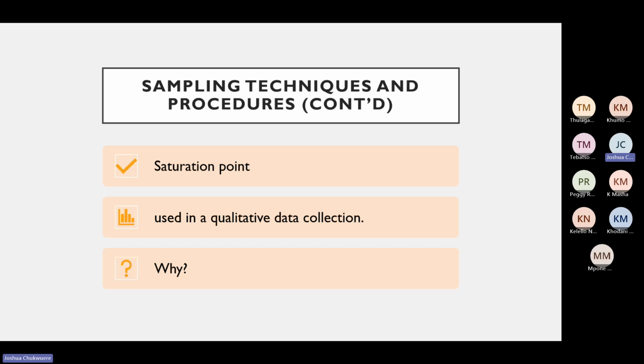So in that case, saturation point comes in, because it simply says that at the level where you are, there is no more new insight or new thing emerging from your data collection. Then you can say, yes, I have reached my saturation point.